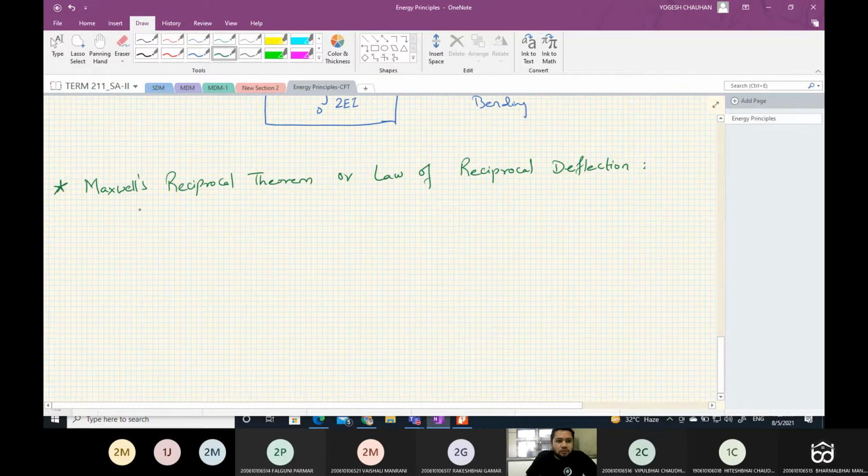This statement was given by J.C. Maxwell in 1864.